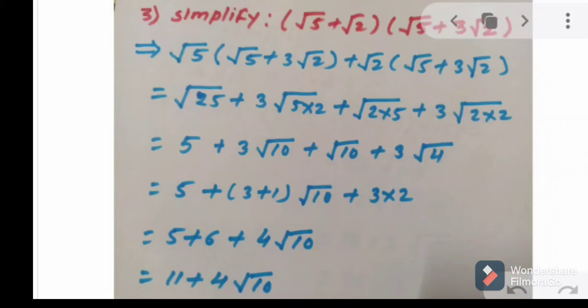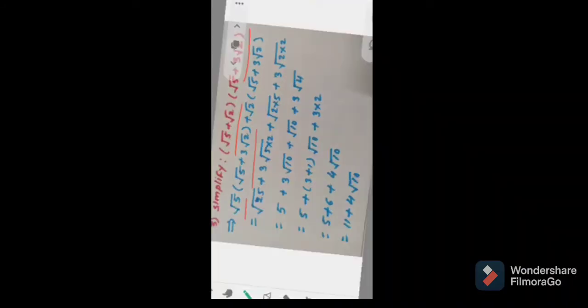So 8 under root 28, 2 under root 7. 8 upon 2, that is 8 by 2, under the radicand sign, that is 28 upon 7. 8 upon 2, that is 4, and 28 upon 7 is 4. So 4 as it is. Square root of 4 is 2, and 4 into 2, that is 8.